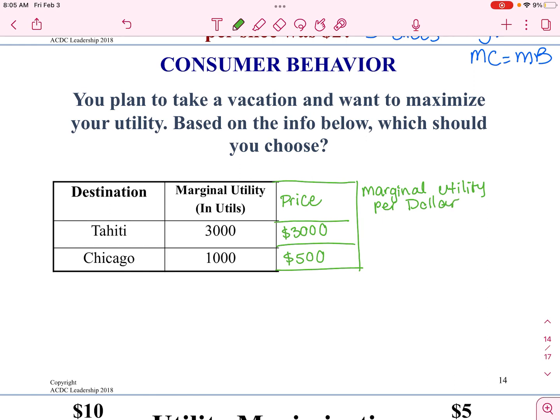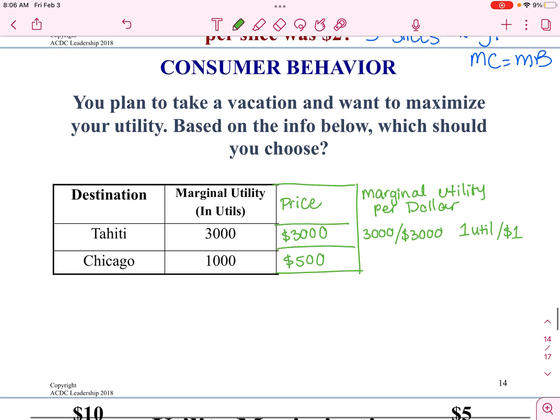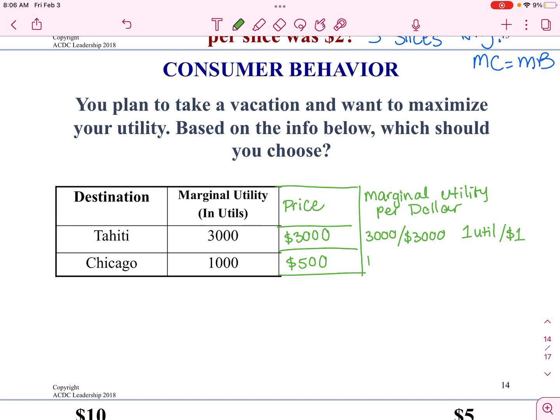So we're just going to take the marginal utility, 3,000, and divide it by how much it costs. And it looks like we are getting 1 util every dollar. And then for Chicago, I take the marginal utility, it's already given to us, 1,000, divide it by the price, 500, and we see that we are getting 2 utils for every dollar we spend.